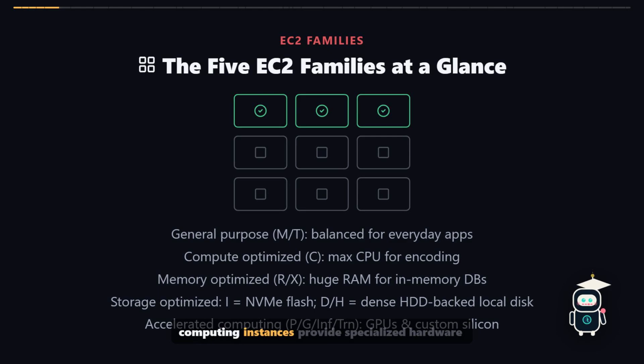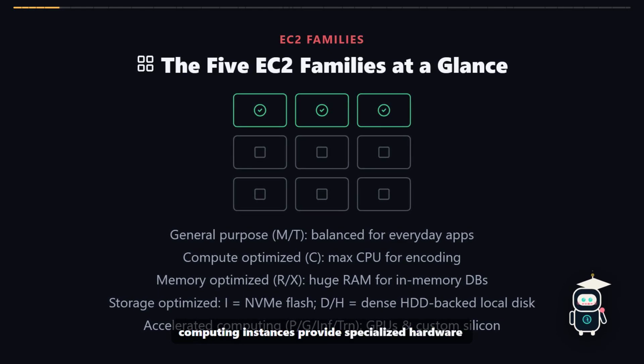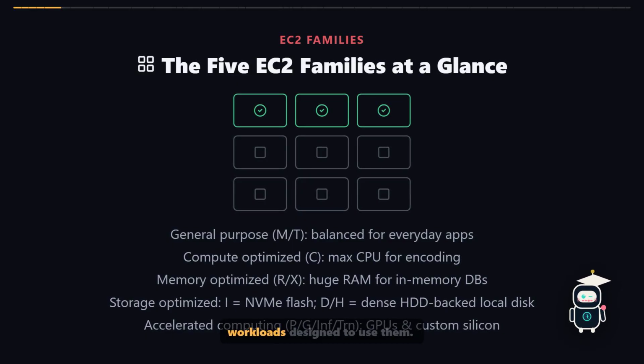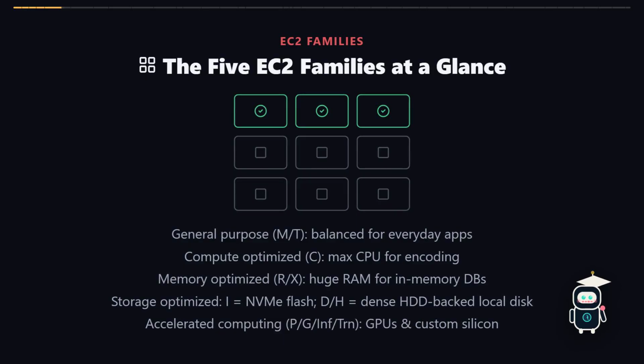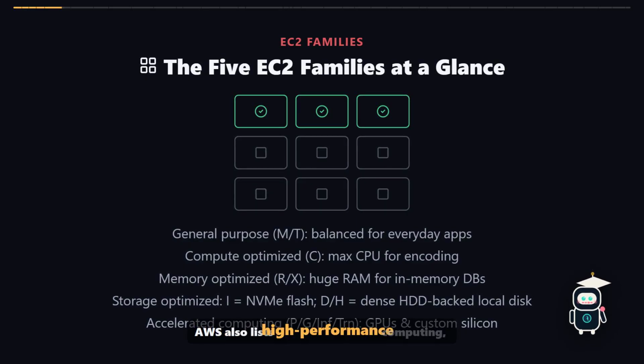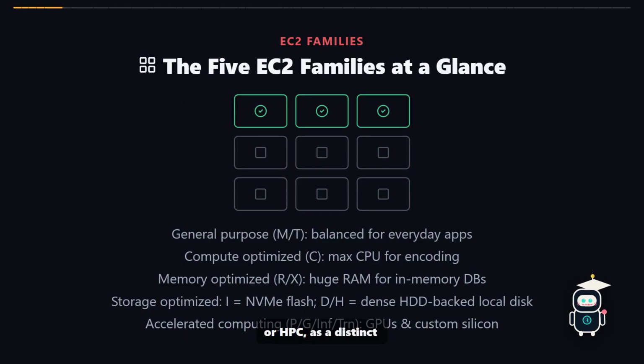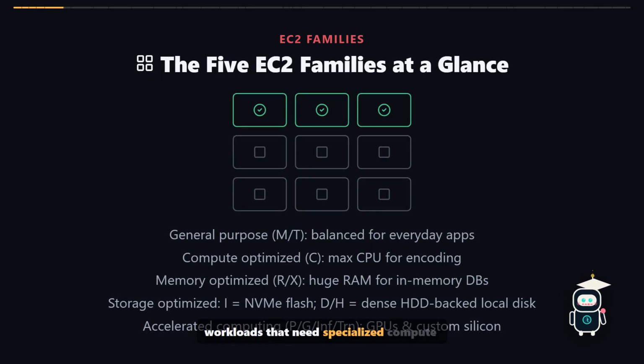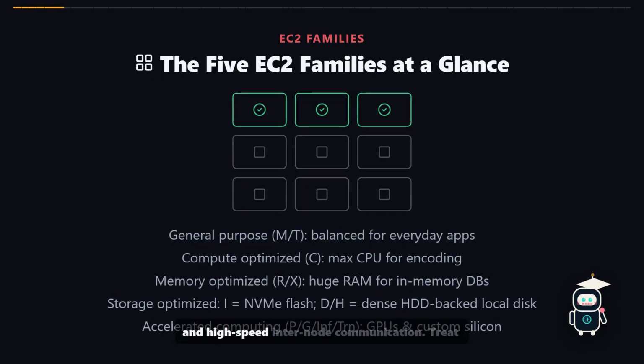Accelerated computing instances provide specialized hardware such as GPUs, Inferentia, Trainium, FPGAs, or video accelerators for workloads designed to use them. AWS also lists high-performance computing, or HPC, as a distinct category for tightly coupled cluster workloads that need specialized compute and high-speed internode communication.